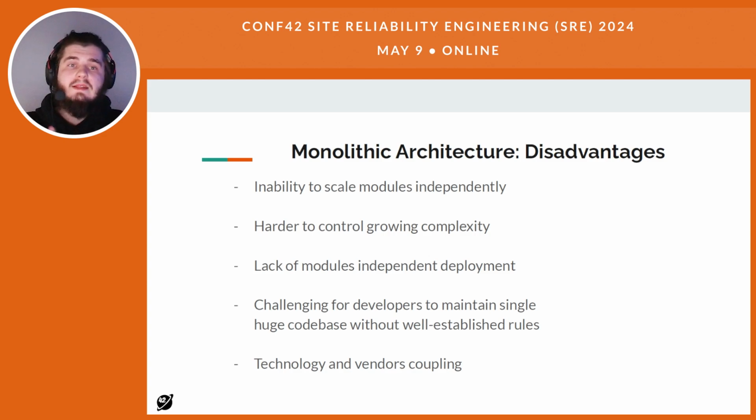Additional challenges fall on developers to maintain this single huge database without well-established rules. And another obvious problem is technology and vendor coupling, because you cannot just have several languages in one monolithic application, as it technically has different runtimes and so on.